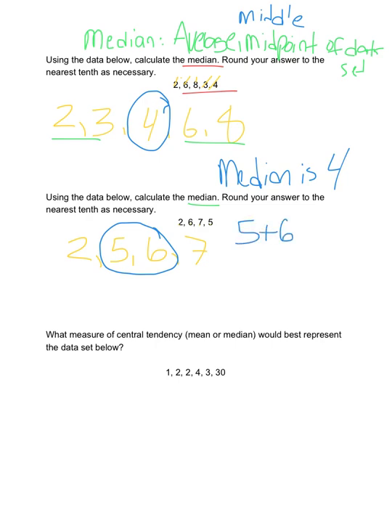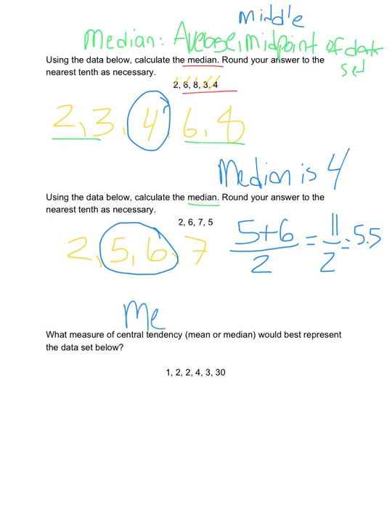So we do 5 plus 6, we add them together, and then we divide by 2. So it's actually very similar to finding the mean. We add them and divide by 2. 5 plus 6 is 11 divided by 2. 11 divided by 2 would be 5.5.